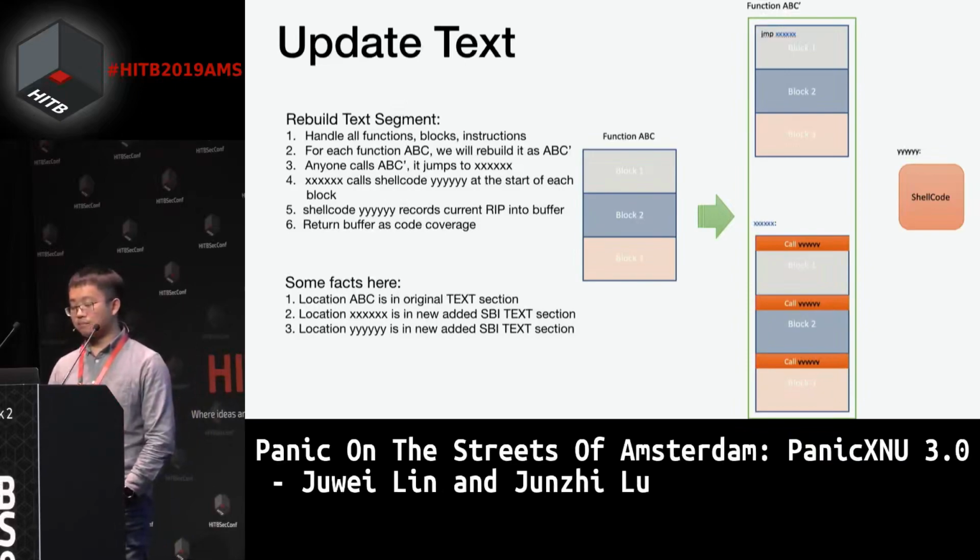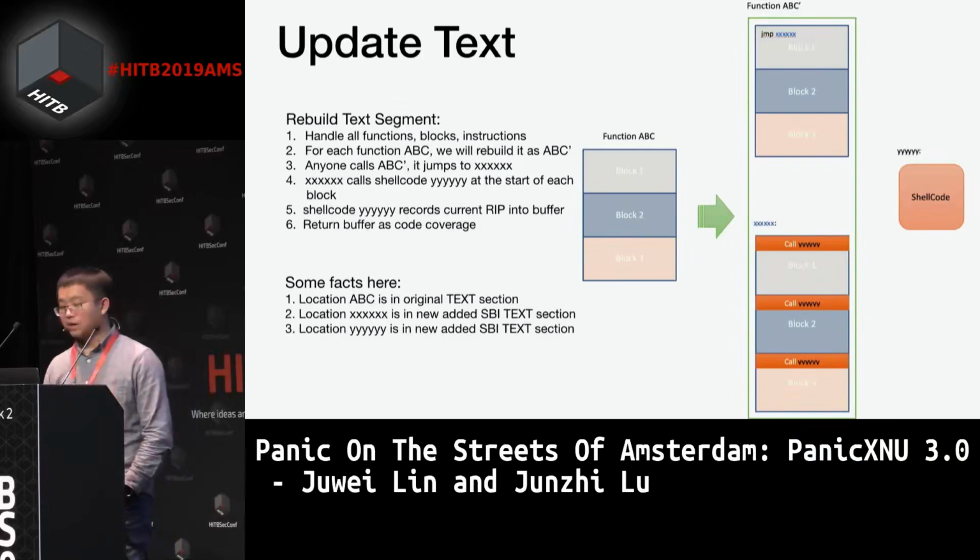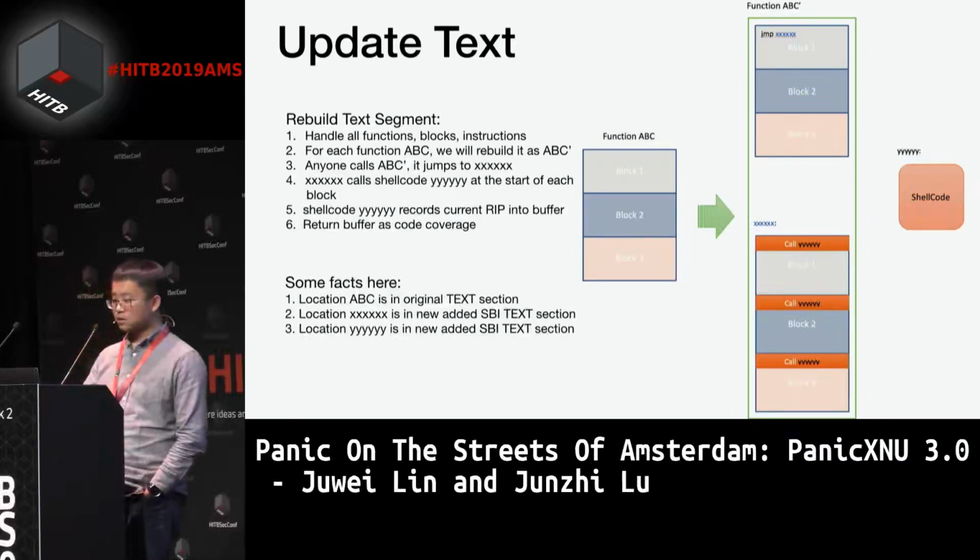It has the same three blocks: block 1, block 2, and block 3. The difference is that it calls the shellcode Y at the start instruction of every one of the three basic blocks. Okay, this is the SBI.